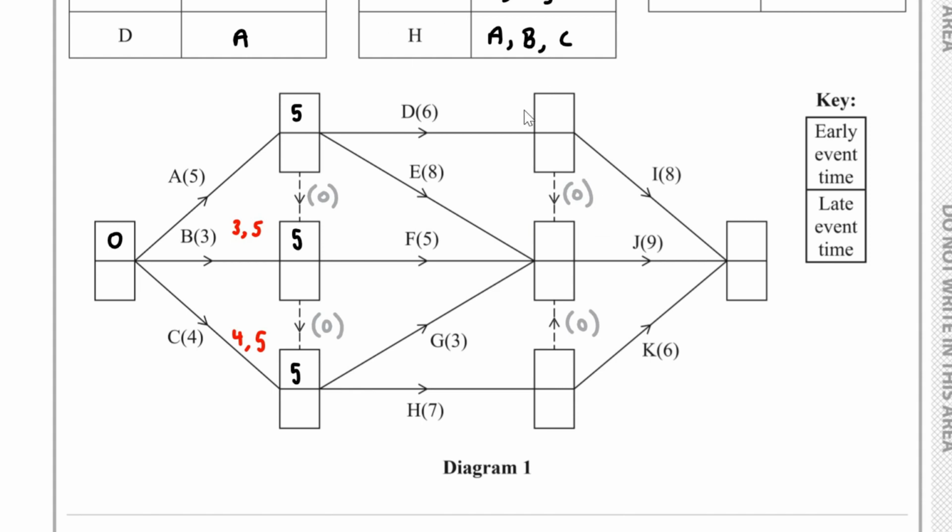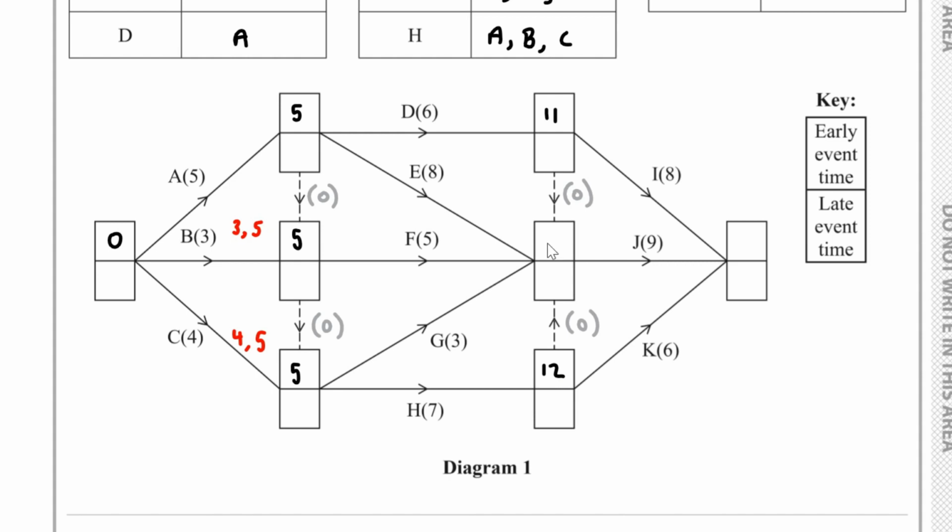Nothing else is going in, so we write down the 11 over here. Now, let's consider this box. We have over here 5 plus the 7, which is 12. Nothing else is going in.